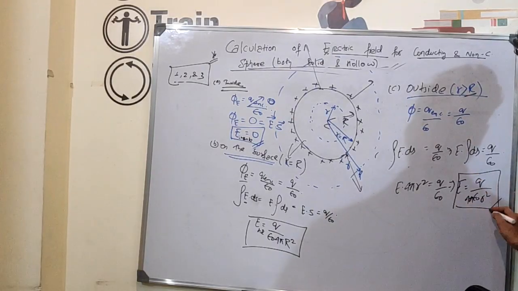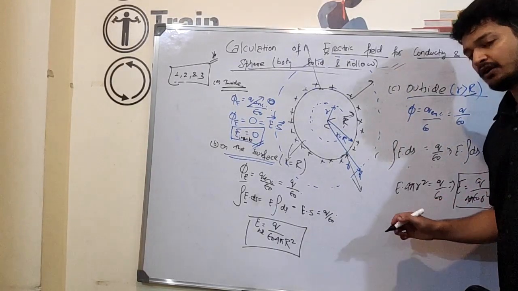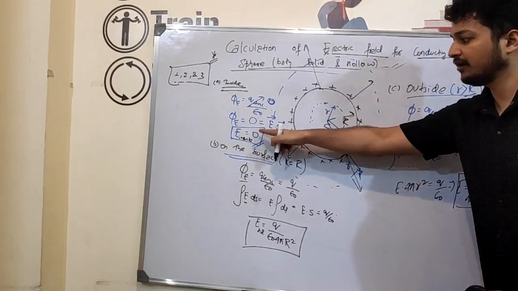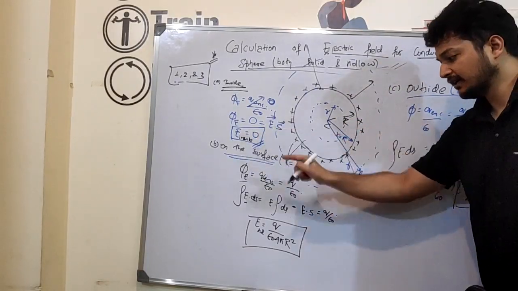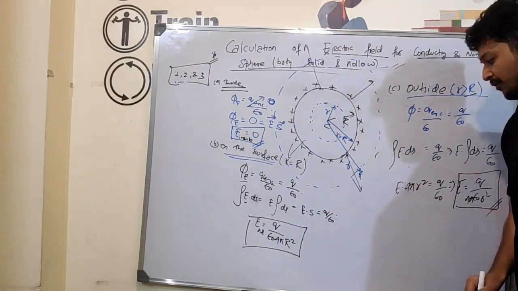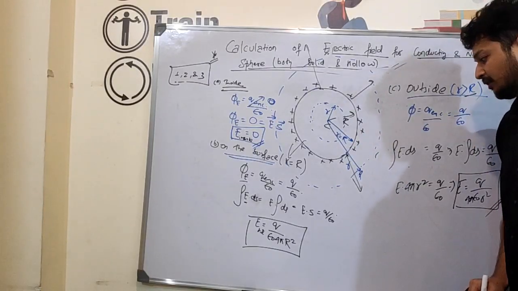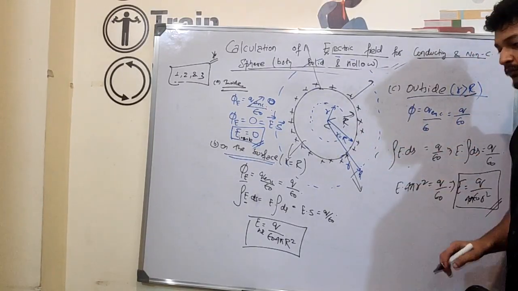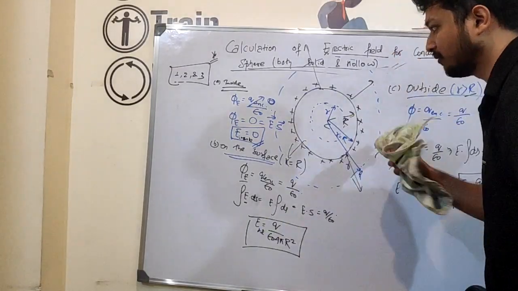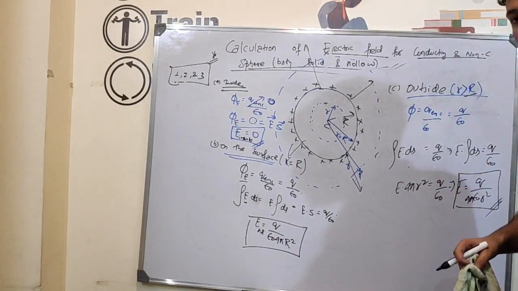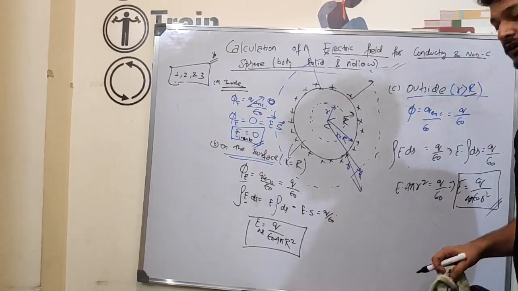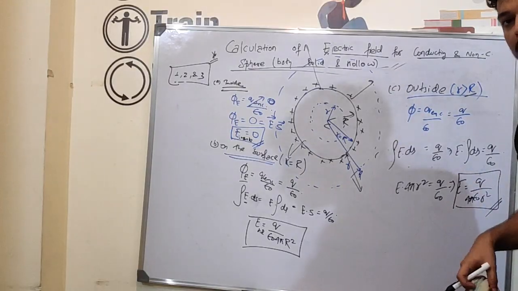So this is the electric field which we have derived outside, this is the electric field which we have derived inside, and this is the electric field we have derived at the surface. So if we have all these three, we are just going to plot the graph. We are just going to pause and plot the graph. I hope you can take a screenshot or anything.